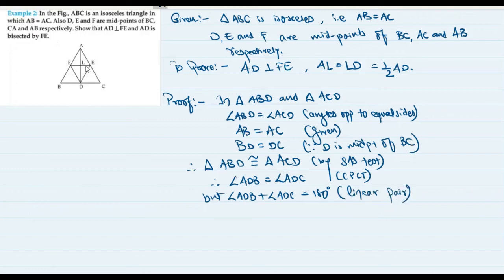See, angles ADB and ADC are on a straight line, so they are a linear pair, so their sum is 180, but they are also equal, so therefore 2 times angle ADB is equal to 180 degrees, and therefore angle ADB is equal to 180 by 2, which is 90 degrees. So angle ADB is 90 degrees, we have proved it.